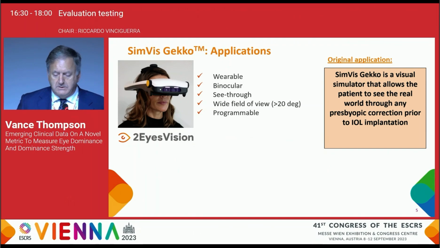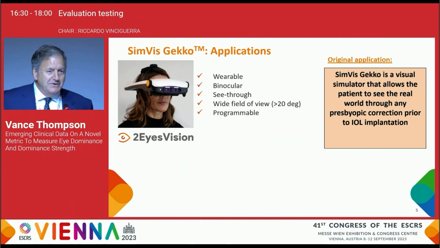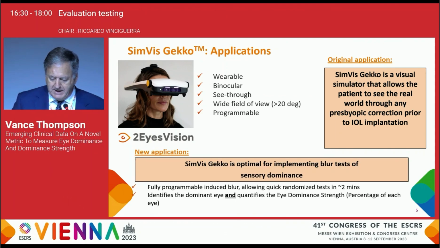And with its see-through technology, we have used it as a simulator to show various presbyopic corrections, for instance, like monovision or EDOF, or trifocality. And so it was very natural for the technology to also be useful for monovision type testing and to truly understand eye dominance.